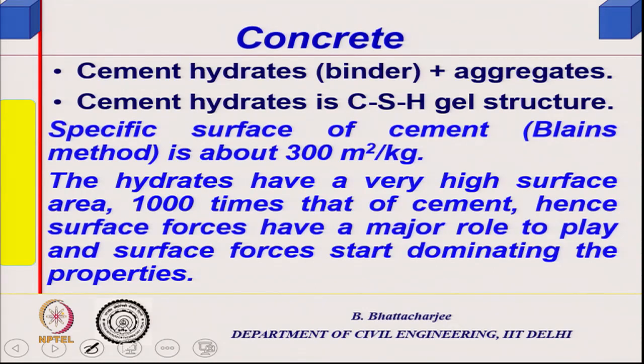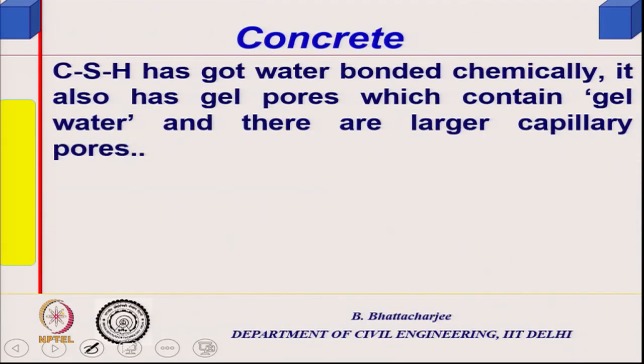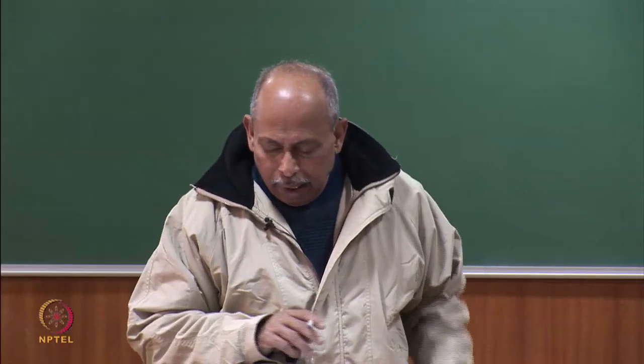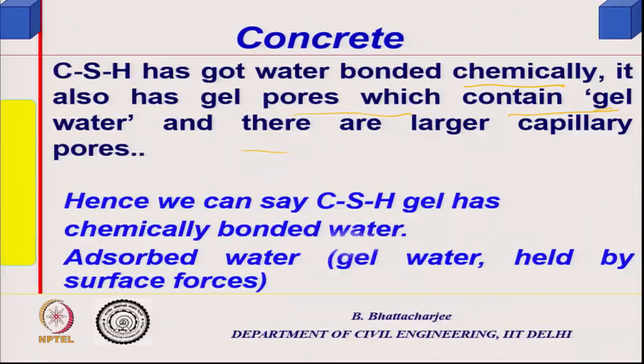Cement hydrates bond with each other, and the properties of concrete are governed by that. So water is bonded chemically, as I mentioned, in the CSH. It also has gel pores which contain gel water, which is actually adsorbed water, like clay water. Adsorbed water is electrostatically bound water, and there are capillary pores, as I mentioned, and you have capillary water.